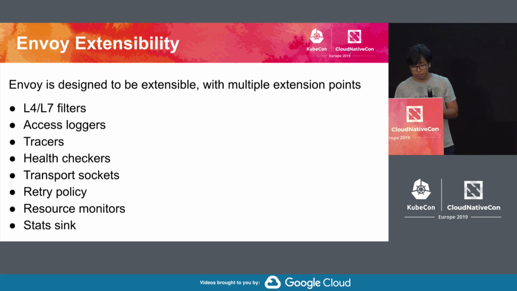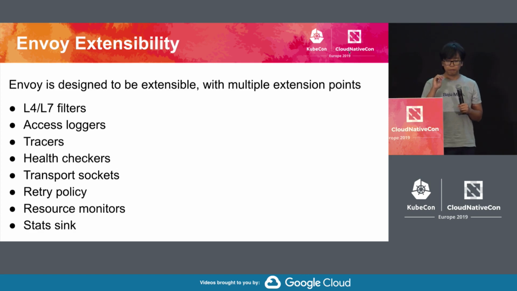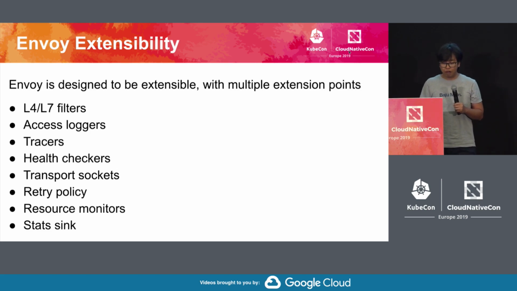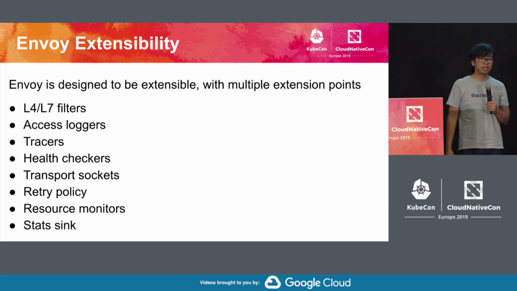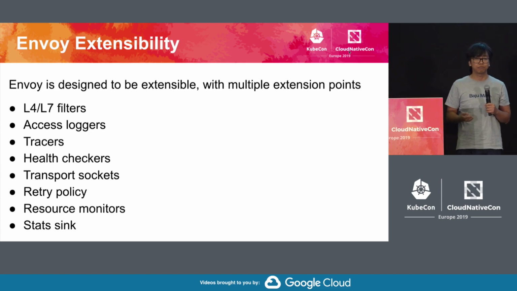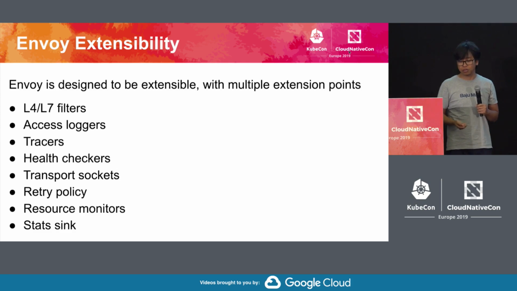To emphasize this, Envoy is designed to be extensible with multiple extension points. The very obvious one is that you can put your extension on L4 and L7 filters. You can pick your traffic, or you can also mutate your traffic. Envoy also allows you to have your own access logger. We have defined interfaces for you to build your own access loggers.